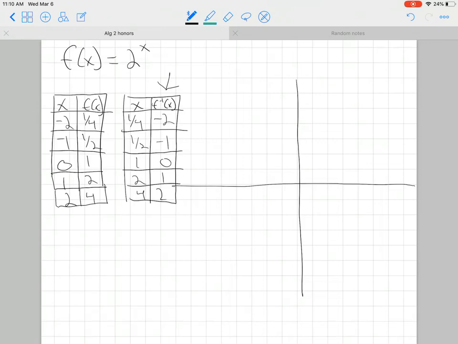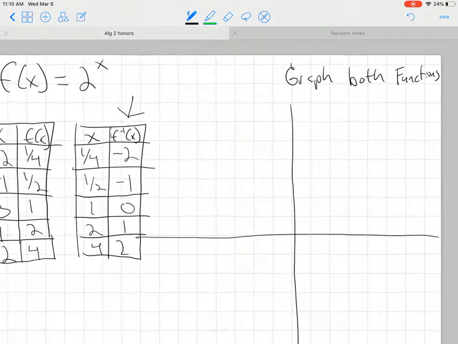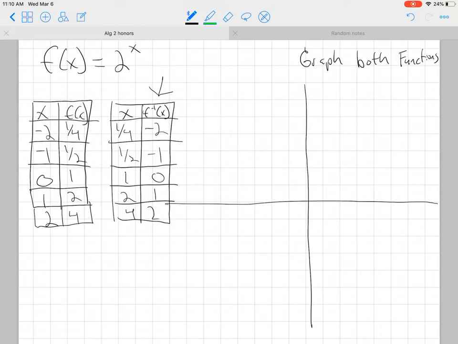And now what we're going to do is we're actually going to graph the original function and the inverse. So I'm going to graph both functions. So I have -2 and up 1/4, which is about here.